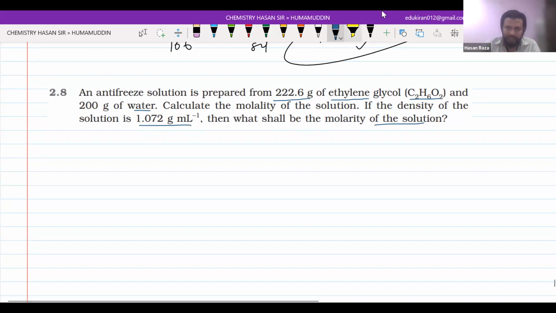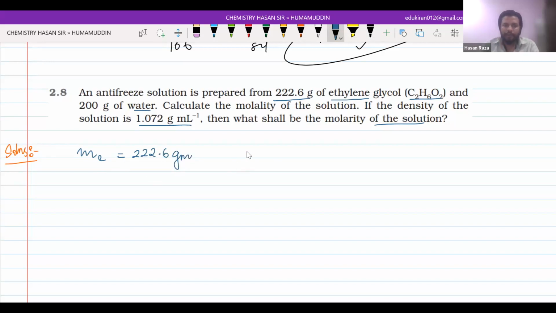Okay. So what I'm going to do, it's very simple. You can see we need to calculate molality. As you know, first of all, whenever you look at the question, you are going to write whatever is given. So I'm going to write mass of ethylene glycol, which I represent with a small e, given as 222.6 gram.